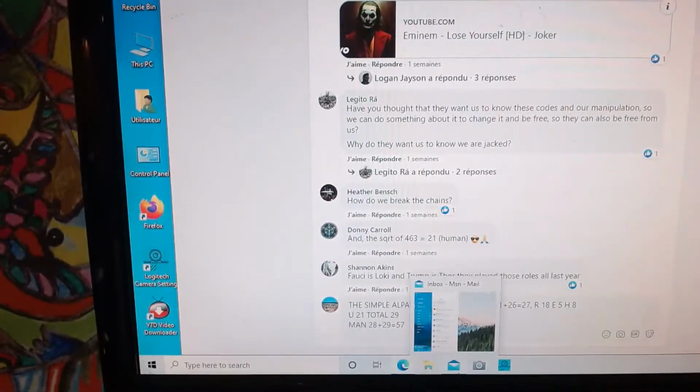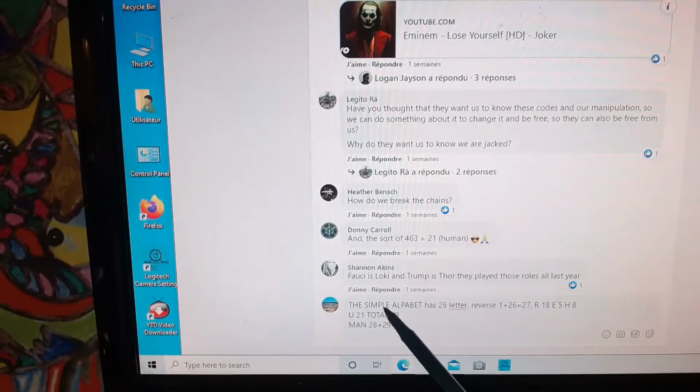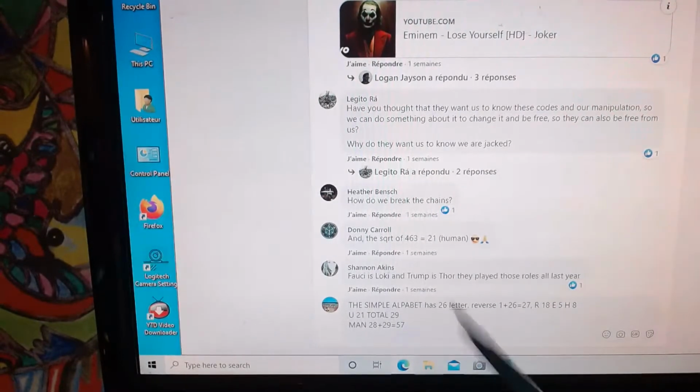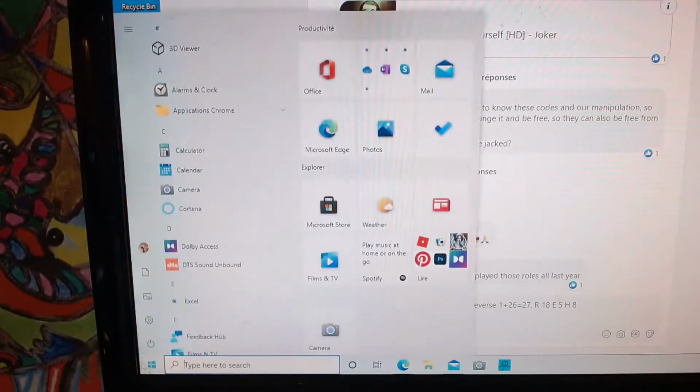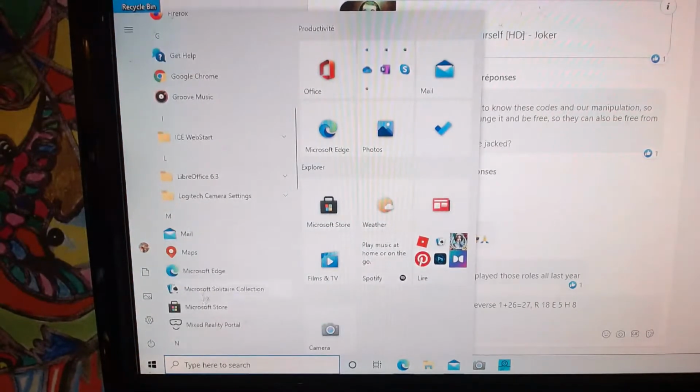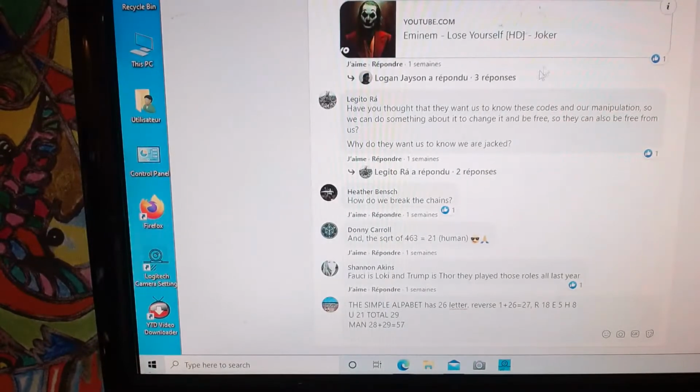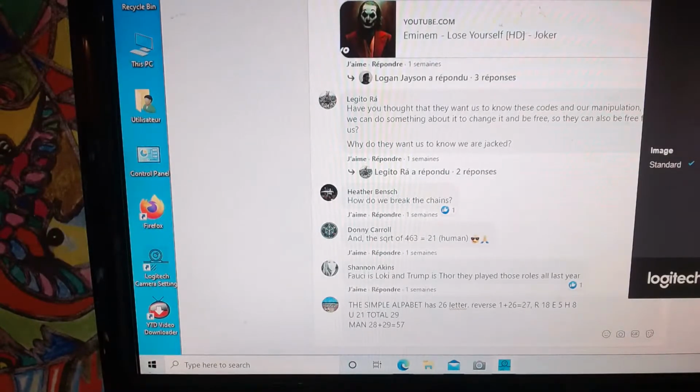So the simple alphabet. Do I have a little focus on here? No focus on here. There's focus somewhere. Hold on a second. Logitech. Let me pull this down here. Just give me a second. How can I... not the widescreen?